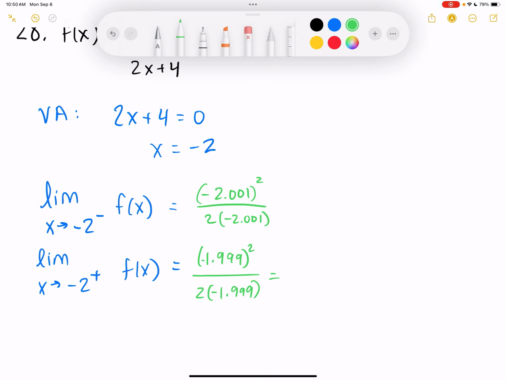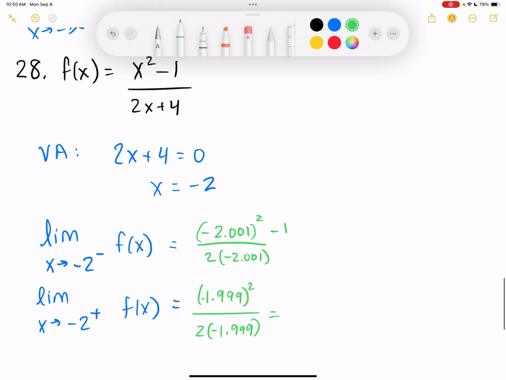These are not at infinity, so I need to be including this -1 and this +4 down here. Because this one is still going to be a -4 point something, it's still going to be negative here. So it would still be a positive over a negative. So this is still going to be at negative infinity.